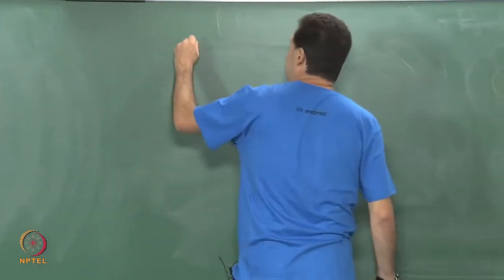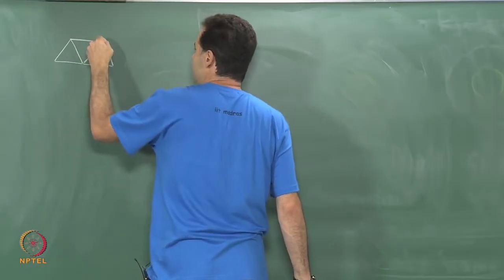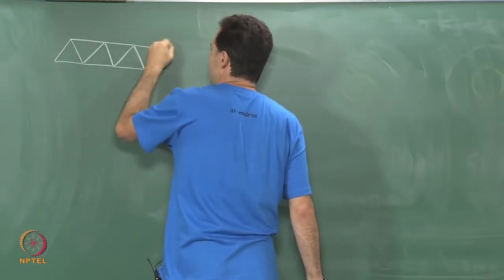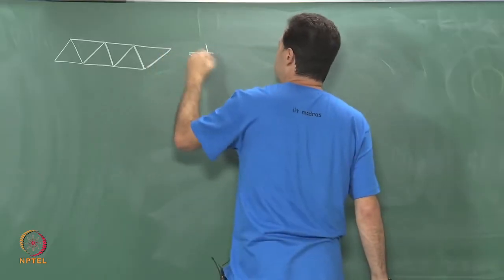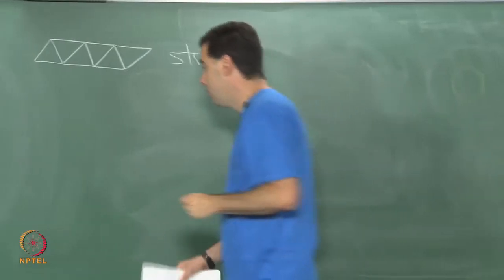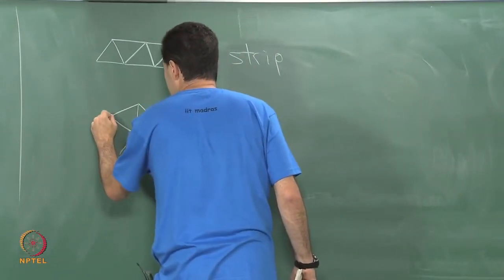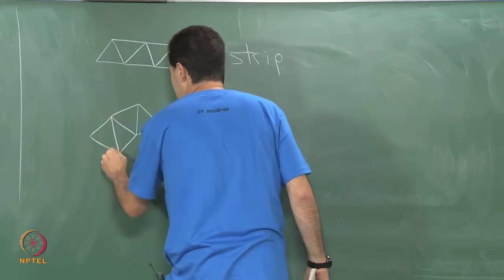And one thing that may happen is the triangles may be glued together to form strips. So you could have a strip of triangles and do operations on that. More generally, you may find the triangles are put together in some kind of mesh.